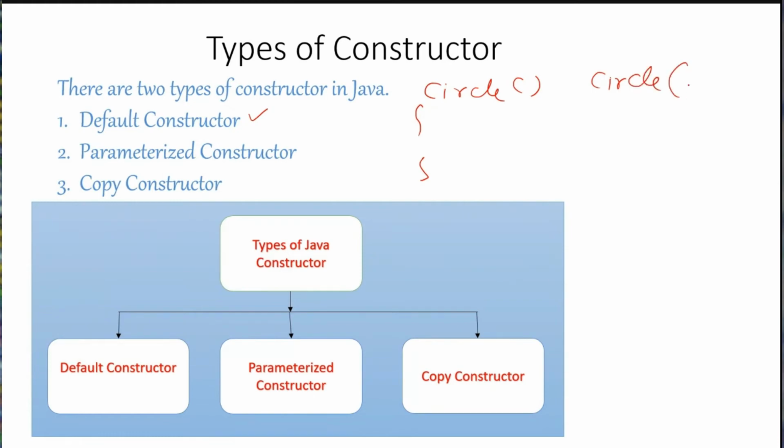So you can write it like this: double radius. So it will become a parameterized constructor. Then the third category of constructor is called a copy constructor. Right now we are focusing on only these two in today's program. Later, maybe in the next session, we will see what is the exact purpose of the copy constructor, and we'll see that constructor also.